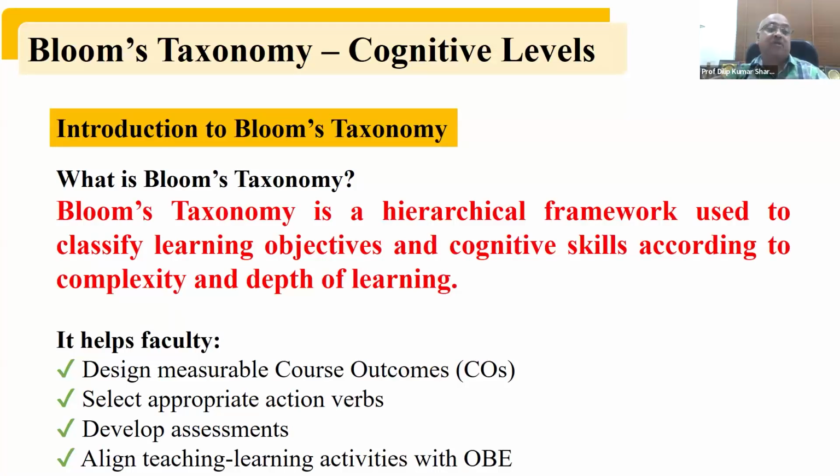So what is Bloom's taxonomy? You can see the definition: a hierarchical framework used to classify learning objectives and cognitive skills according to complexity and depth of learning. It helps faculty to design measurable course outcomes, select appropriate action verbs, develop assessments, and align teaching-learning activities with outcome-based education.